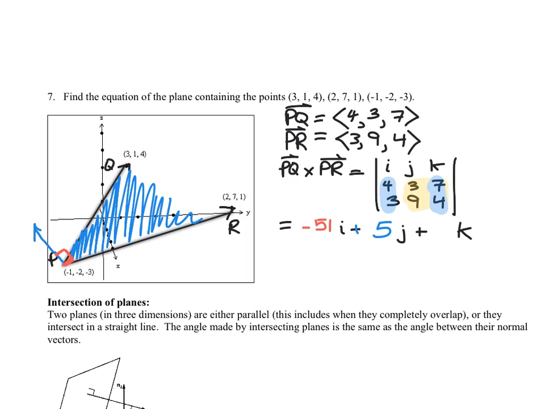And then the last one, I and J, ignore the K. Downward diagonal 36, upward diagonal 9, so 36 minus 9, 27. All right, so this is the normal vector. So n in component form, negative 51, 5, 27.